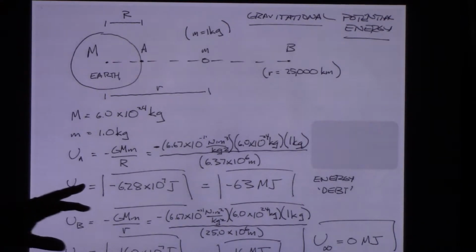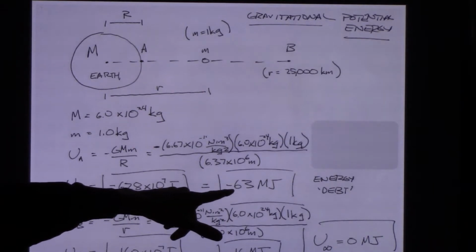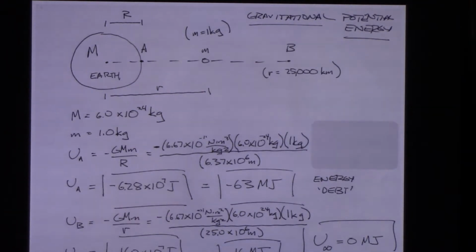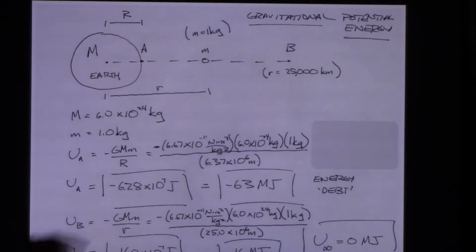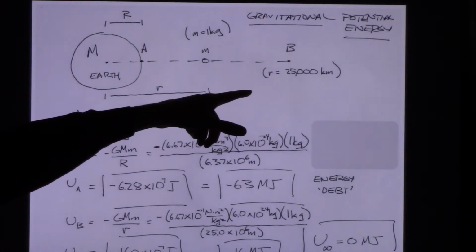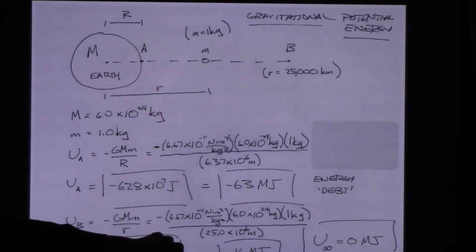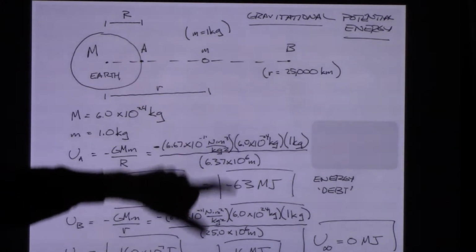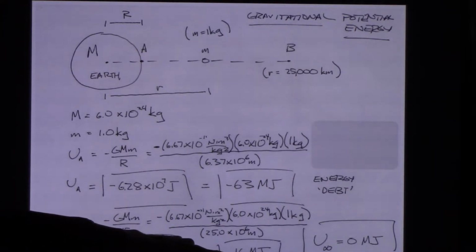So anyway, in order to get a spacecraft away from the Earth, far, far, far, we've got to come up with 63 million joules of energy, and that's for every kilogram of spacecraft. Now, if we want to put a satellite into orbit at 25,000 kilometers, I calculated the potential energy there. A satellite at 25,000 kilometers from the center of the Earth still is in an energy debt in terms of its potential energy.